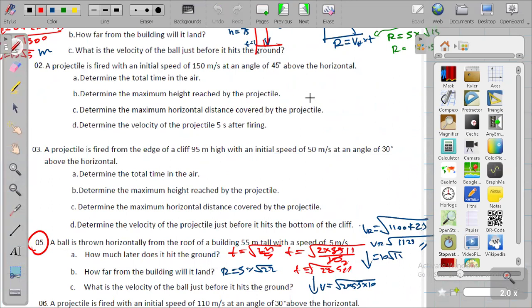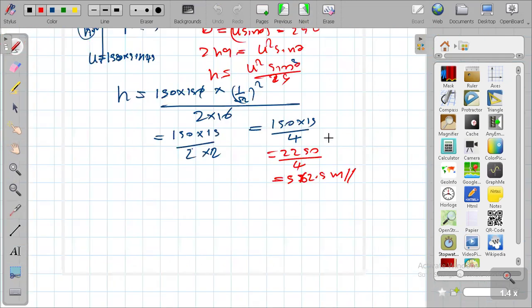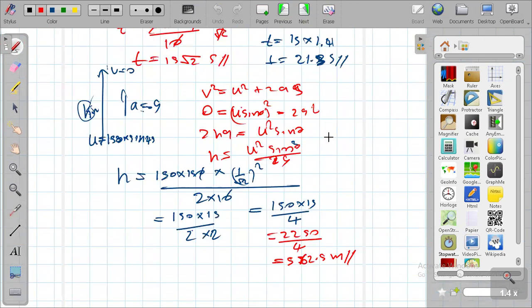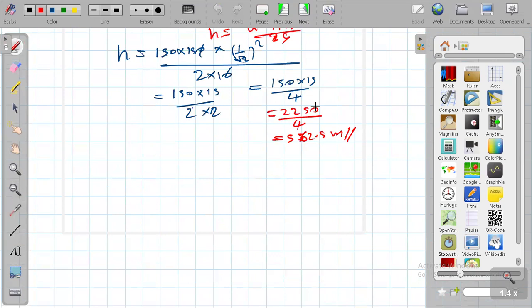Maximum horizontal distance covered by the projectile. I found the time already. R equals the horizontal velocity multiplied by the total time.